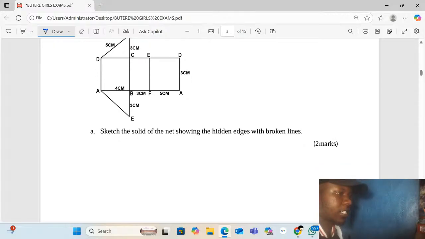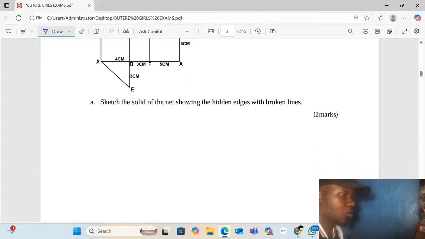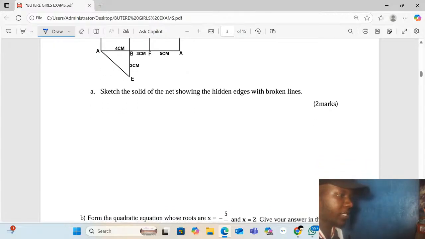So this is a net now. What you're supposed to do, we simply sketch that solid. Now, let me sketch. I'm simply sketching.